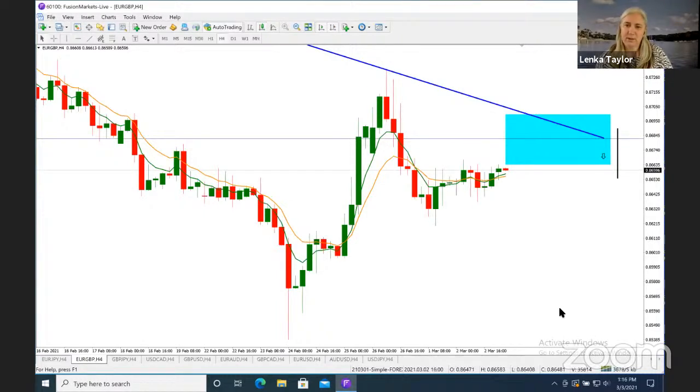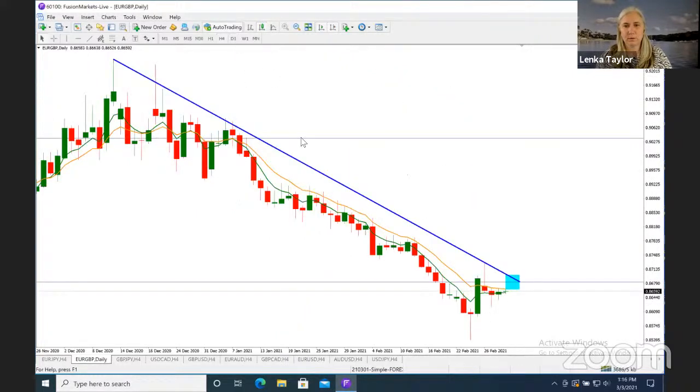Am I looking for long, Helen, on Euro GBP? I'm looking for a short. Yeah, this one I'm looking for a short. So we see that the price has been going down. We had on the daily this high test bar.